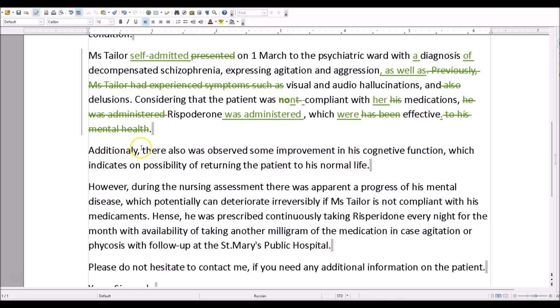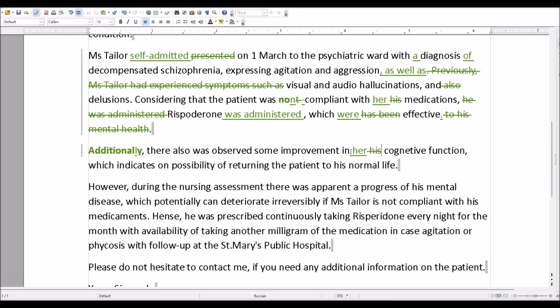Additionally, there was also observed some, right, so make this passive. How you do the passive, you put the object first. So additionally, some improvement in her, unless he's a trans, which I don't think so. There was some improvement in her cognitive function was observed. So this is how we do passive.